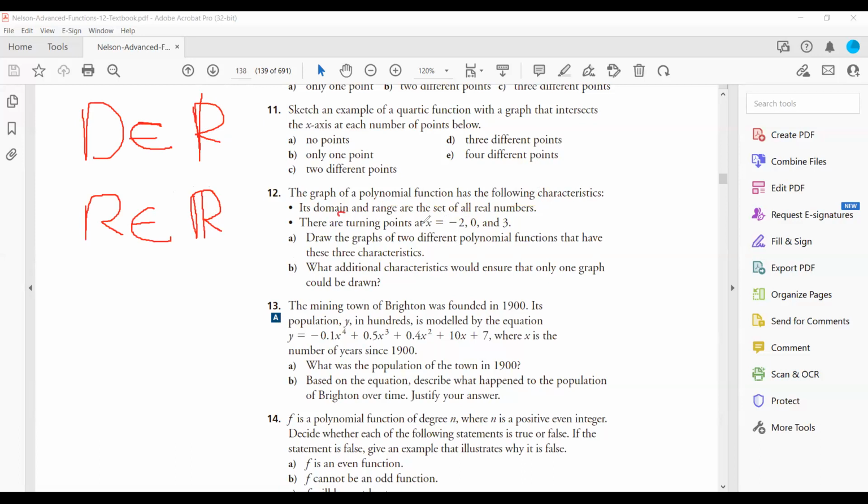There are turning points at x negative 2, 0, and 3. So x equals negative 2, 0, and 3 are going to be turning points.